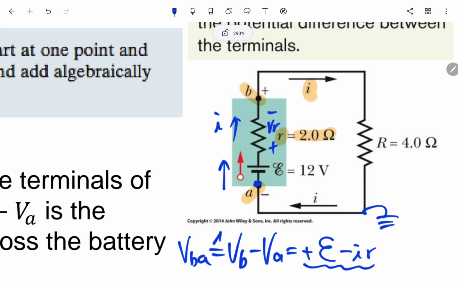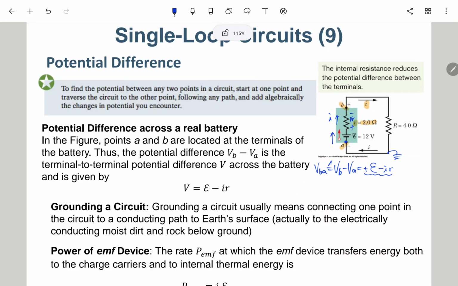We just need to go through the elements one by one to see whether the potential difference is added or subtracted. So VBA equals E minus Ir.